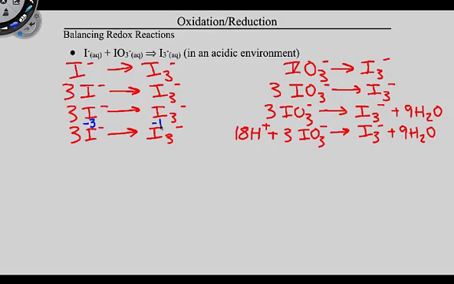So what we end up with then is 3 I minuses yields I3 minus plus 2 electrons. I think that's right. Okay. Now we've got to employ the same strategy on the left. What is the total charge?